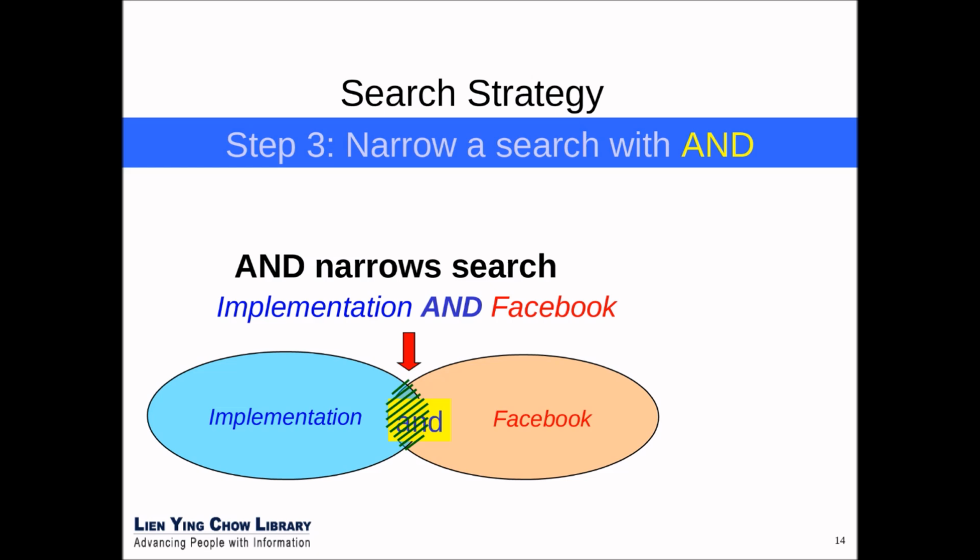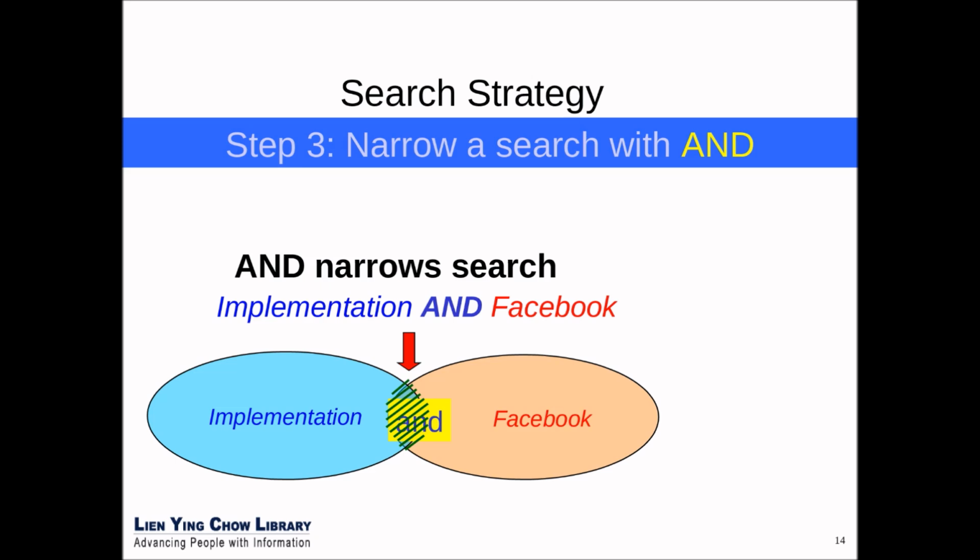In step 3, you may also want to narrow down a search. This means that your search results are very large and you want to find more relevant articles. For example, you can type the word implementation and use the Boolean operator AND to combine it with Facebook. In the Venn diagram, it is the shaded portion which has the combination of these two words.